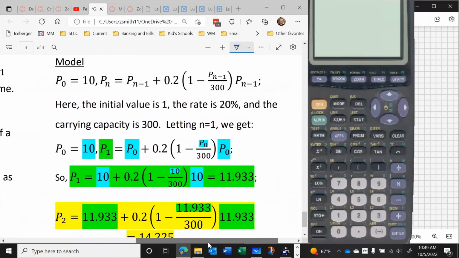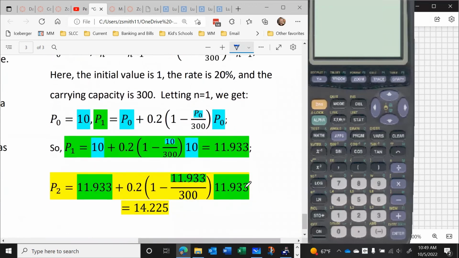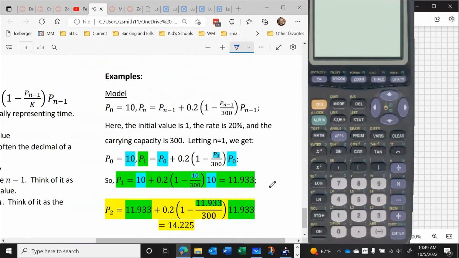So in this example, I went color-coded because it's kind of crazy until you realize how easy it is with the calculator, how to actually do this. Again, it was too late when I made these. I'm so sorry. I'm going to have to change these.